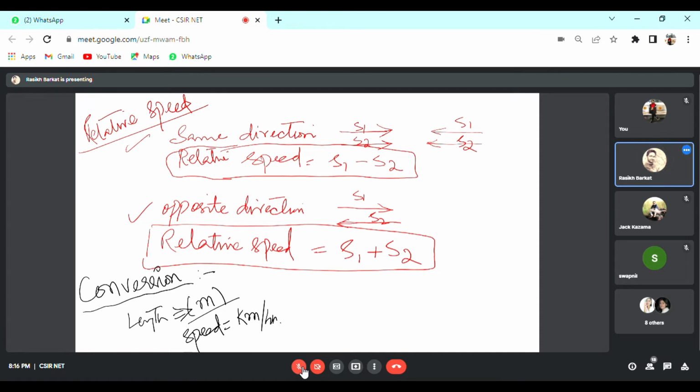So length is in meters, speed is in kilometers, so we have to convert. We have to convert either this kilometer per hour to meter per second, or the meter to kilometer. But in most cases, you will be converting kilometer per hour to meter per second. समझ आया?